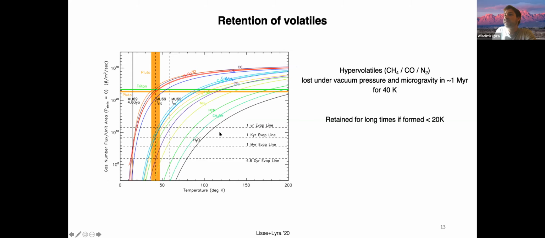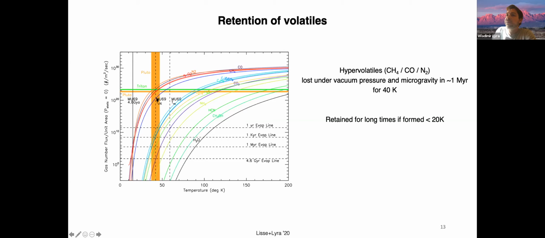If you look at the line of ammonia, which is this one here, at the temperature that MU69 and Pluto are now, you barely keep them over the age of the solar system, which is this line here. If you're looking at the hypervolatiles like CO, methane, and molecular nitrogen, follow the line of methane here.